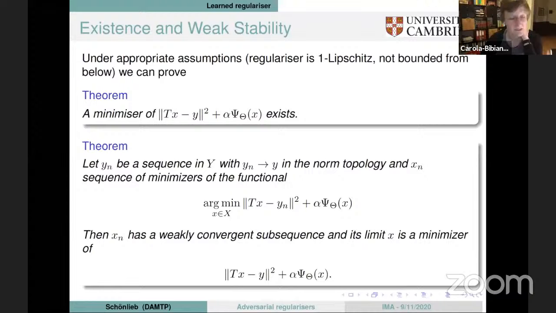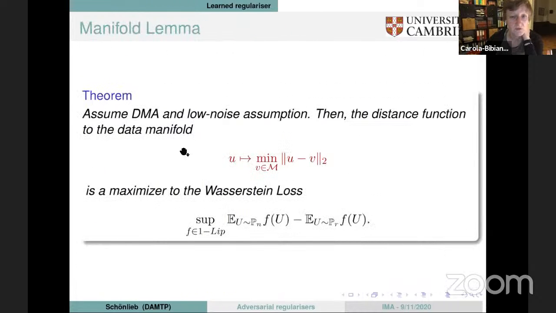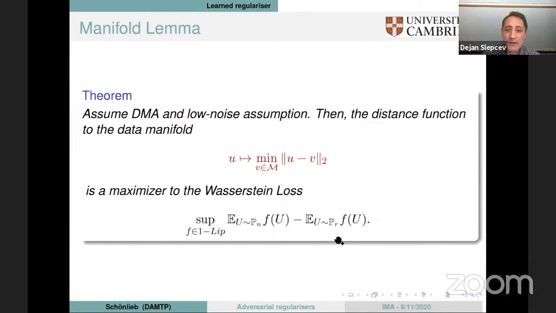Yes and no, because this is a maximizer of this Wasserstein loss, right? But I was thinking, using a different metric than Wasserstein would result in a different kind of regularizer.